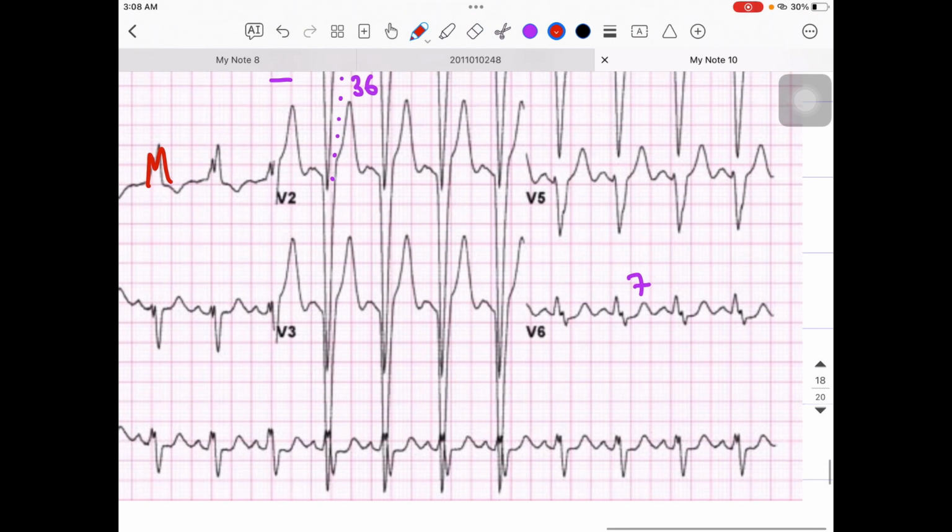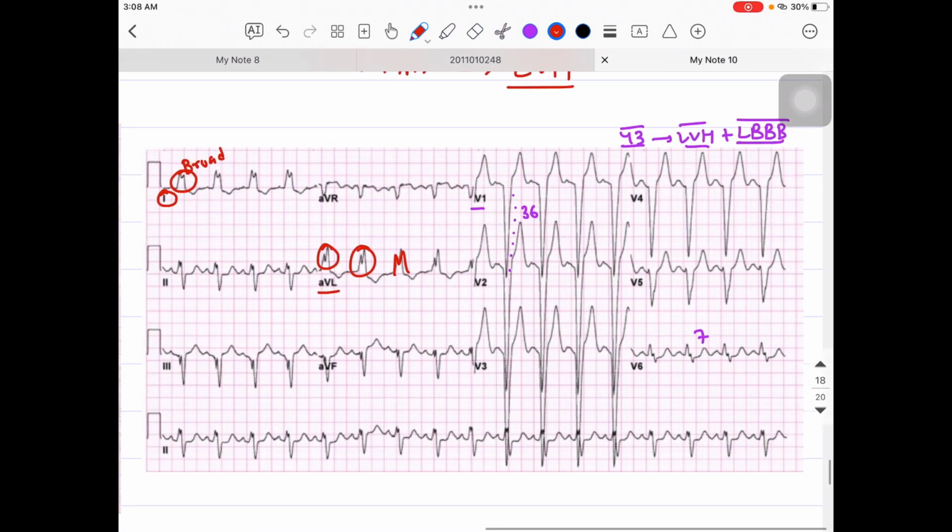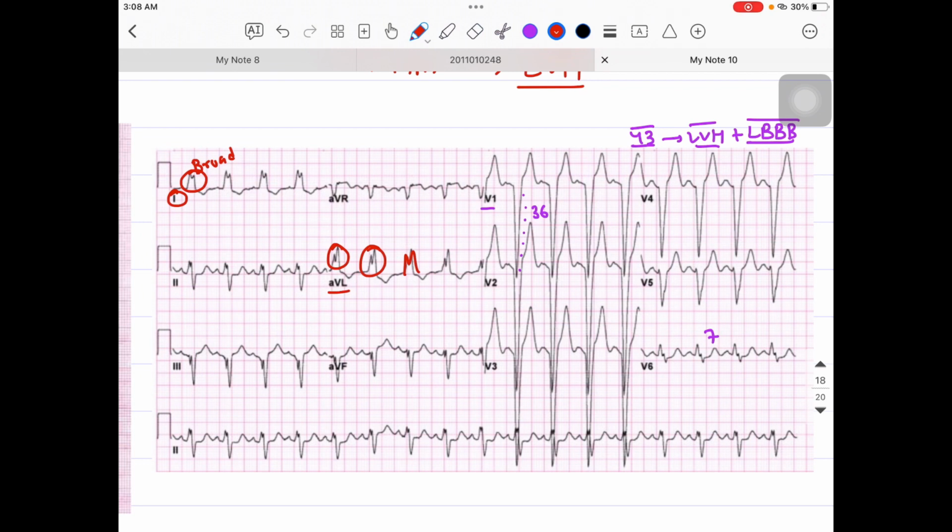In V6, as such the M pattern is not seen over here, but at least in 1 and aVL we are having a broad QRS complex, and even in V6 there is a broad QRS complex, right? So accordingly we can say that the patient is having LVH, and along with that the patient is also having left bundle branch block.